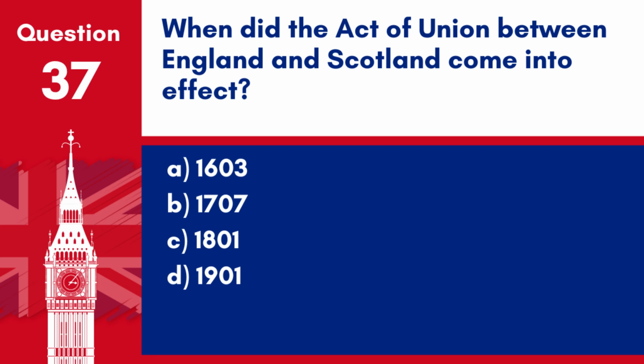C. 1801. D. 1901. Answer B. 1707. The Act of Union between England and Scotland came into effect in 1707.